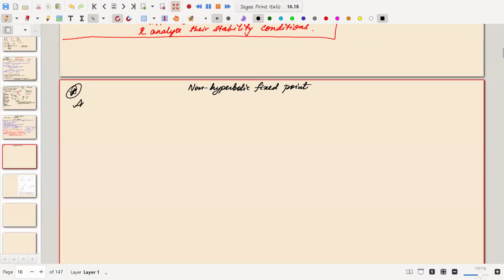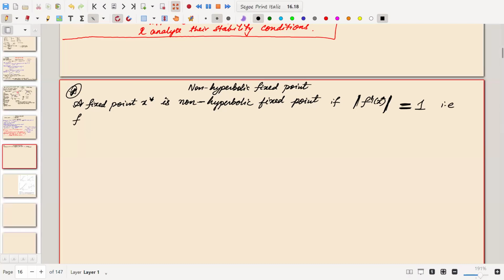So a fixed point x star is non-hyperbolic if the absolute value of the derivative at x star is equal to 1.